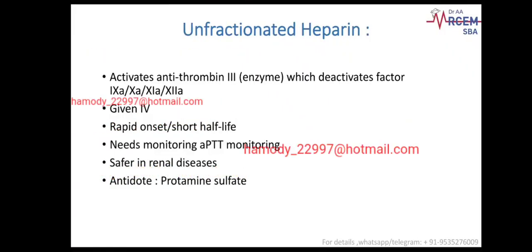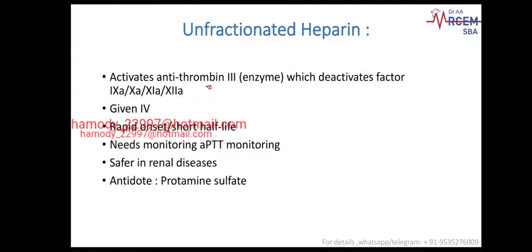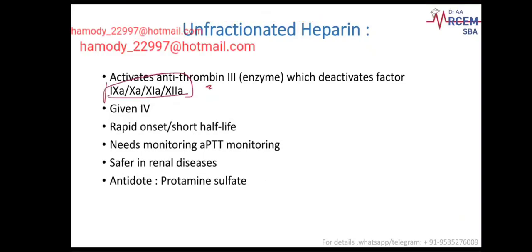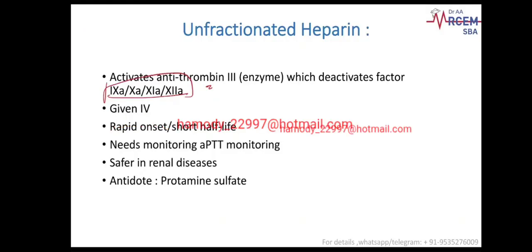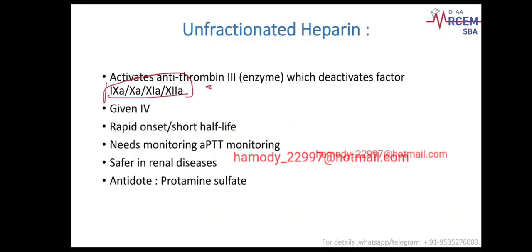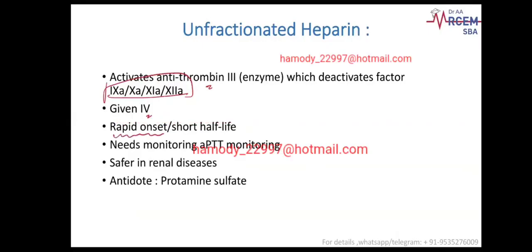Unfractionated heparin, as I told you, activates antithrombin 3. Along with it, it also deactivates various other clotting factors which are involved in the intrinsic pathway. Sorry, intrinsic pathway, not extrinsic. It is given in intravenous form. The advantage is a very rapid onset.